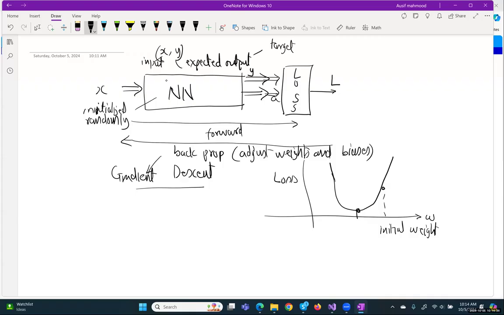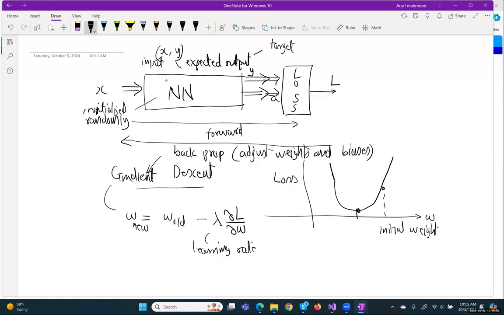So our gradient descent algorithm, what it does, it keeps adjusting the weight. So the new value of the weight will be the old value of the weight, and then minus, there's some learning rate over here, for example, 0.01, and partial L over partial W, right?